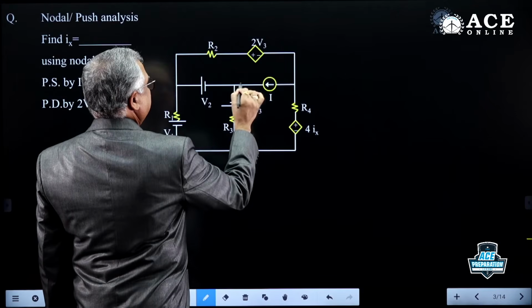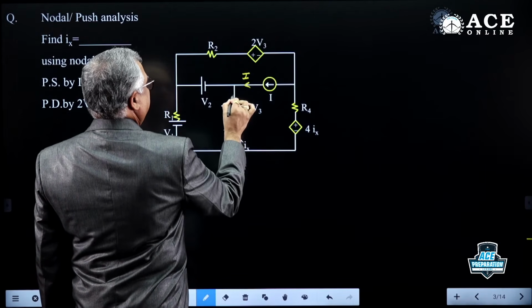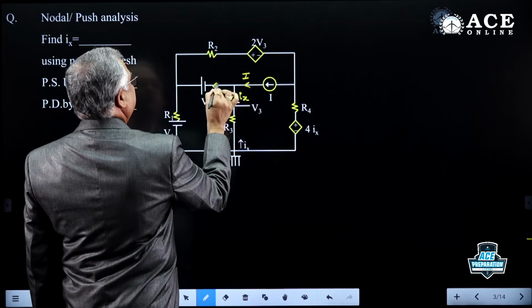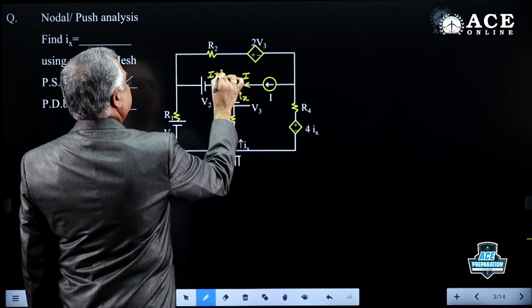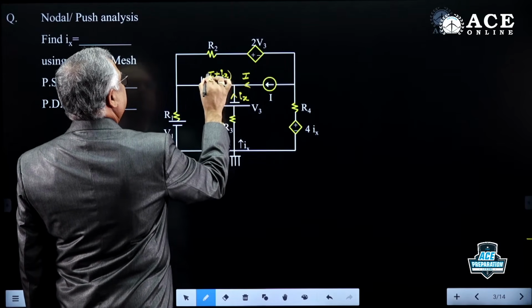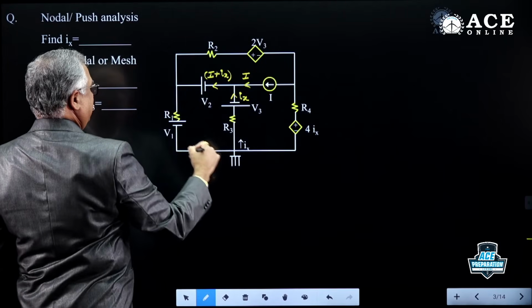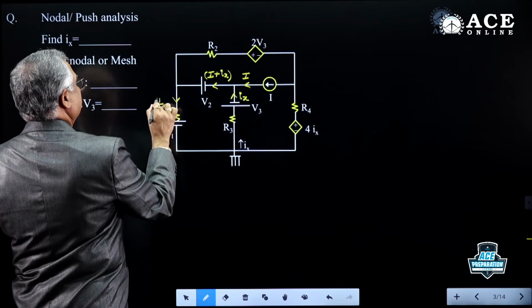It is Ix. This current is I. This is I plus Ix. Some current will flow here, some current will flow here. I am introducing one unknown, I1.